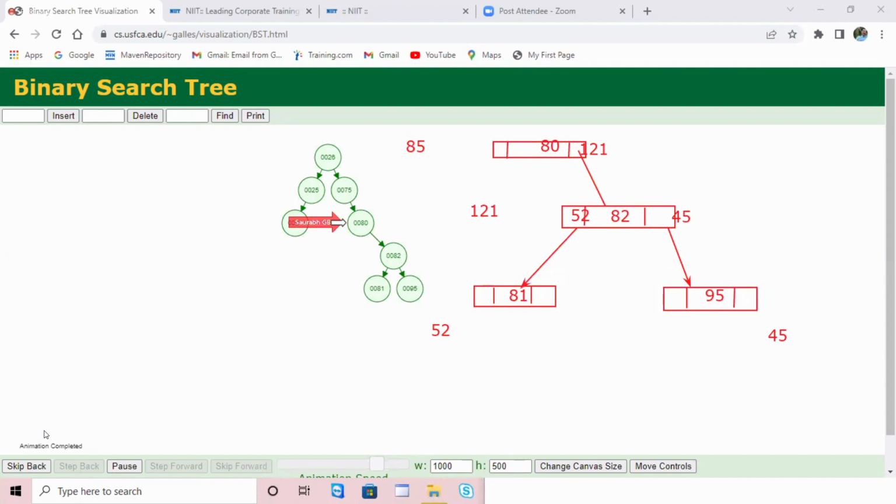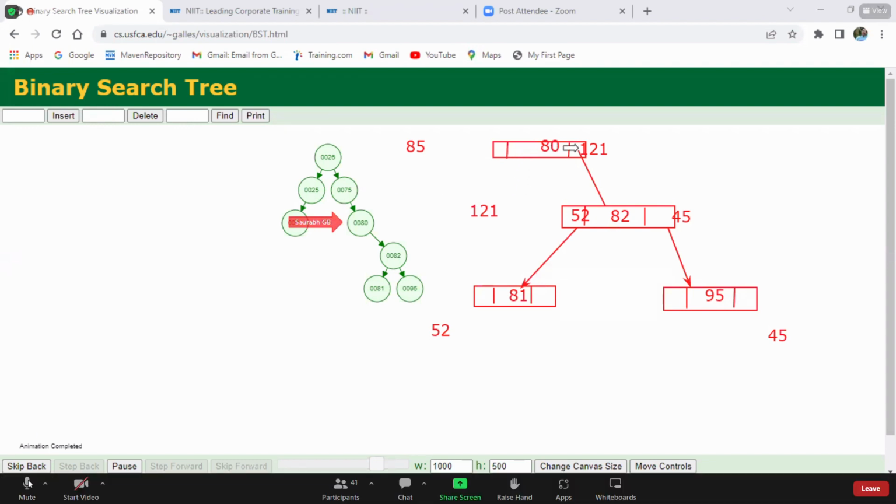First tell me, 80 is holding the address of whom? Deleted node. 82. That means 121. It is holding.